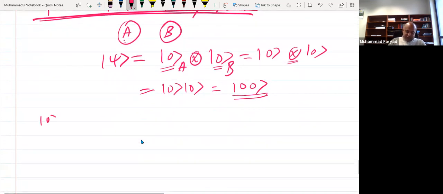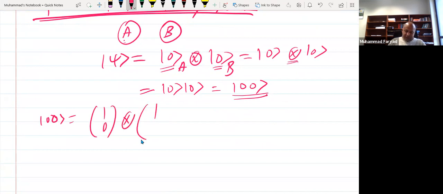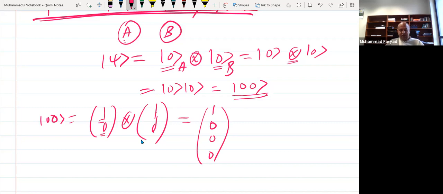So this 0, 0 state is (1, 0) tensor (1, 0), which means that this 1 first multiplies with both of them and I get (1, 0), and then this 0 multiplies with both of them and I get (0, 0). So this column vector (1, 0, 0, 0) now represents the 0, 0 state.